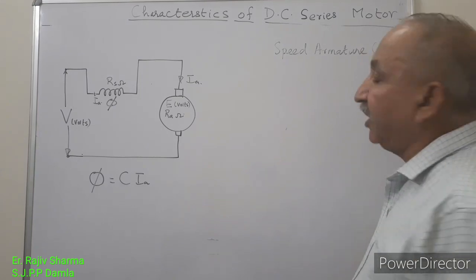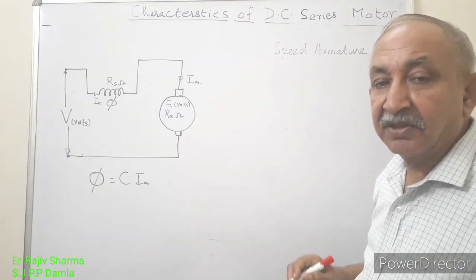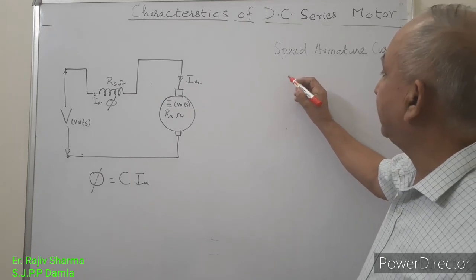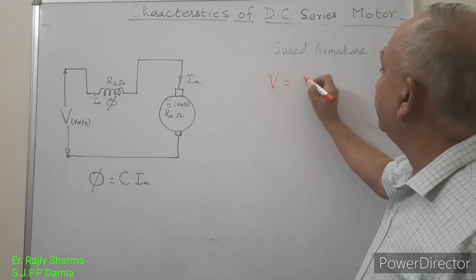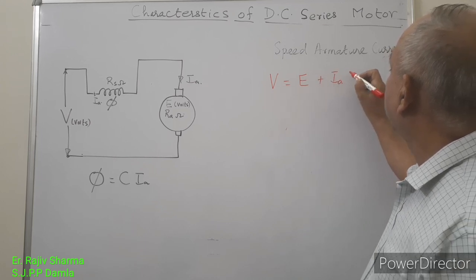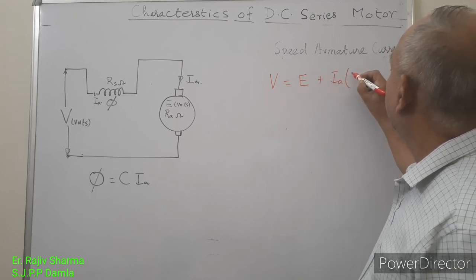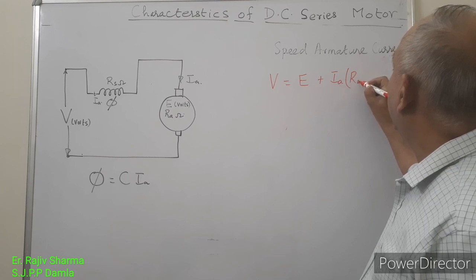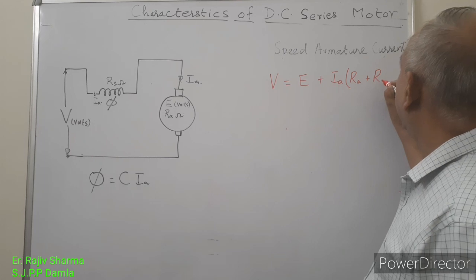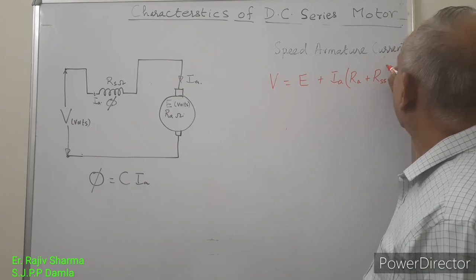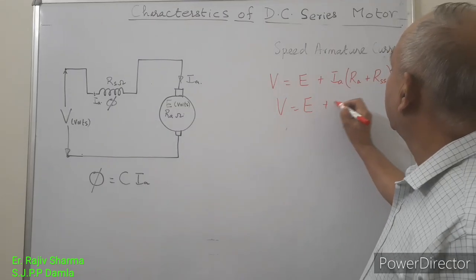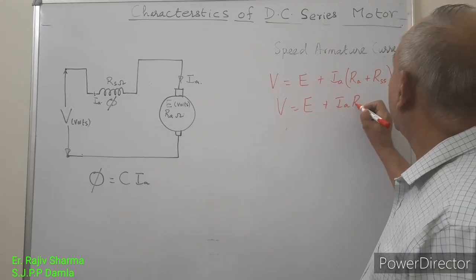Let us take speed armature current characteristics. We know that, taking the basic equation, V is equal to E plus Ia, say Ra plus resistance of the series field winding, Rs, or we can say V is equal to E plus Ia Rs.